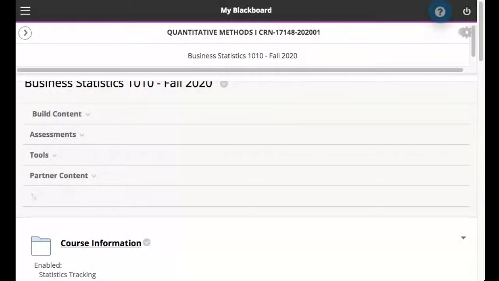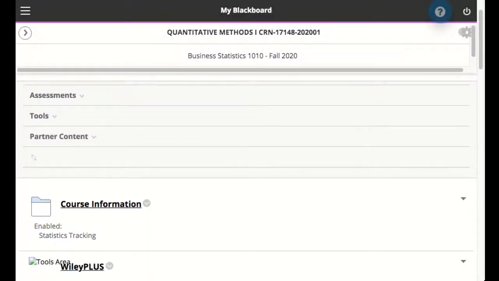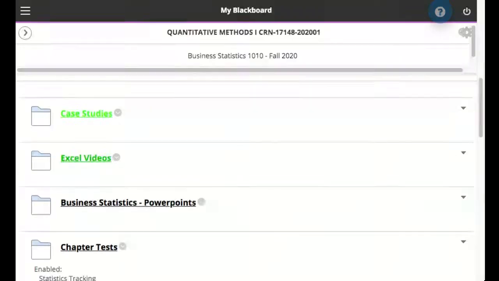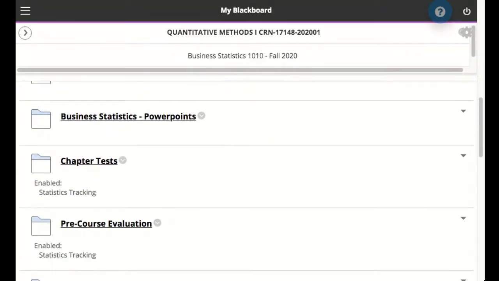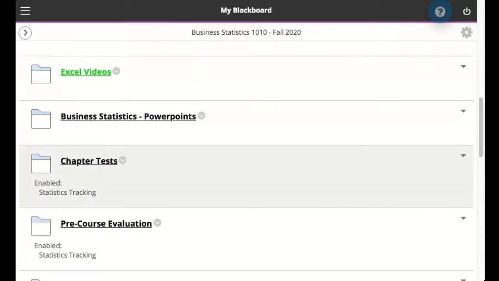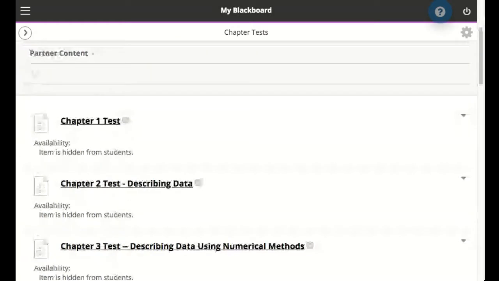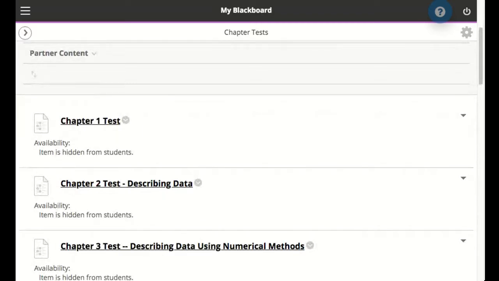Okay. So this is the home page for the course, if you recall, and those are the folders. There's a folder for chapter tests, and right now the test is hidden, so you can't see it, but that is where you will find the test.